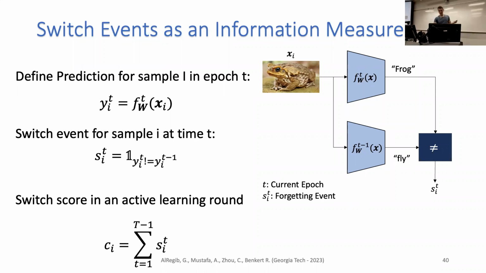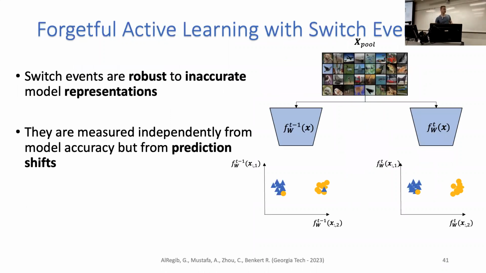So now let me illustrate why this notion of representation shifts, or switch events, has the potential to give us a different view of these samples, even though we collapse them to the same point.